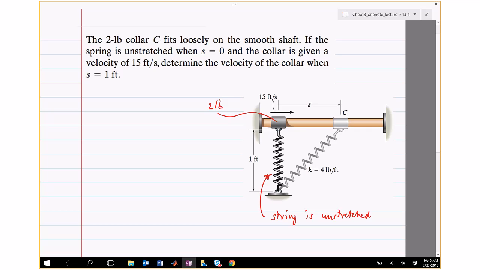What it means is that the force in the spring is equal to 0. And the collar is given a velocity of 15 feet per second. So when the collar is in this position, it's unstretched, it's given a velocity of 15 feet per second. Find the velocity of the collar when S equals 1. So when the collar reaches this point, S equals 1, you're going to find the velocity of the collar.